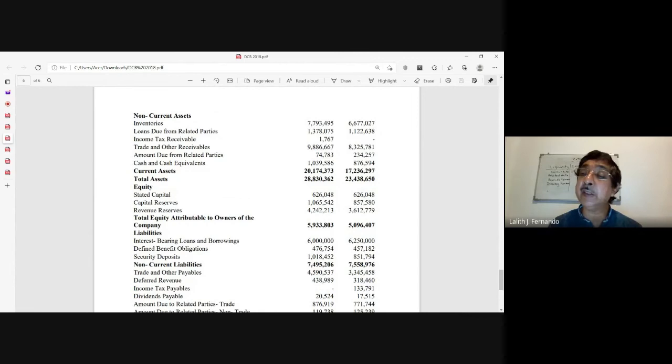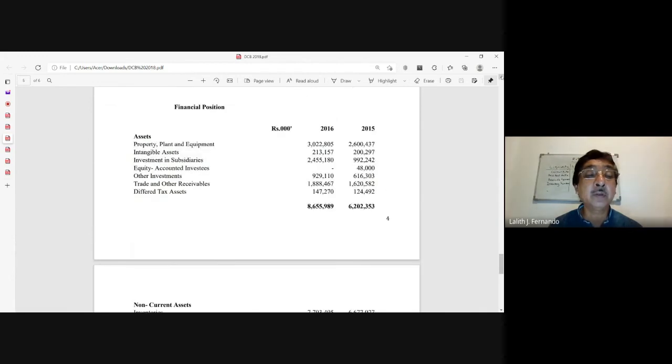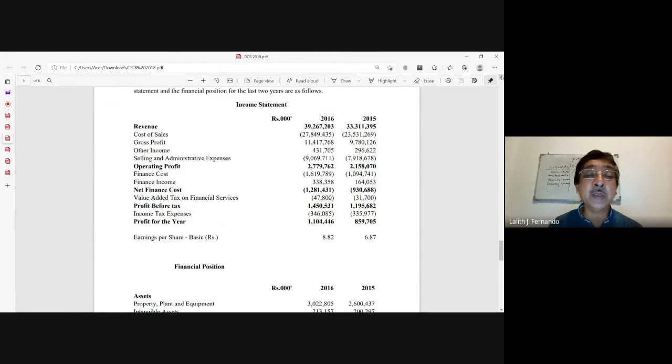Here they have not given any indication with regard to the credit sales, but you can assume that the sales were all done on a trade basis.